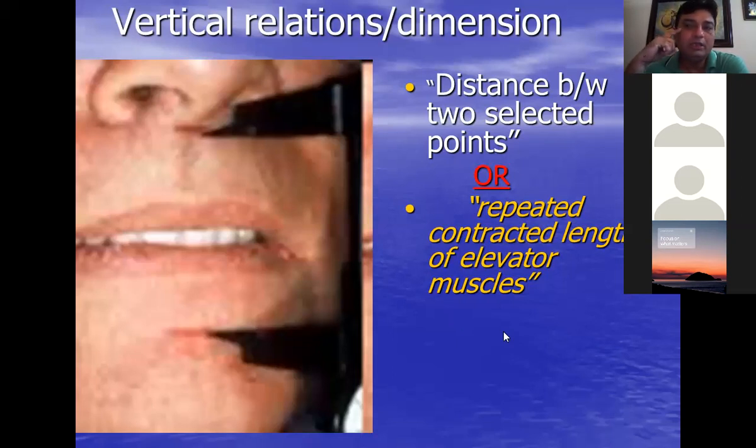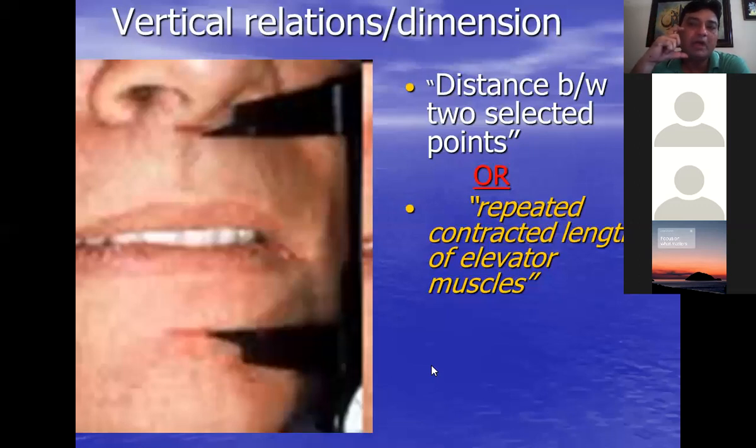God has given you the elevator muscles. We have discussed the elevator muscles. The masseter is the most important elevator muscle. So whenever you close or open your jaw, you close it at a specific height. This is my specific height where my teeth are meeting.